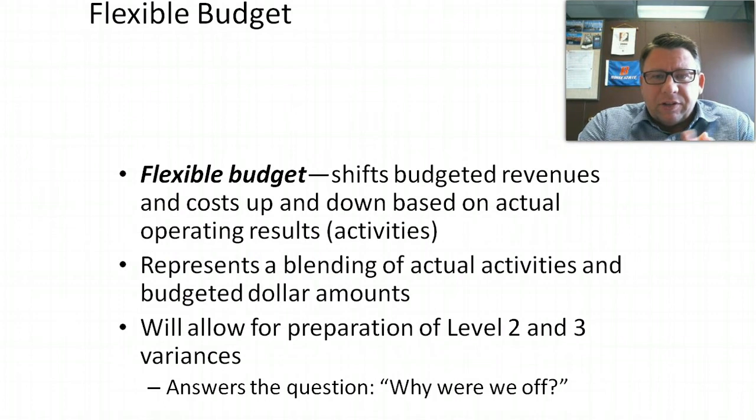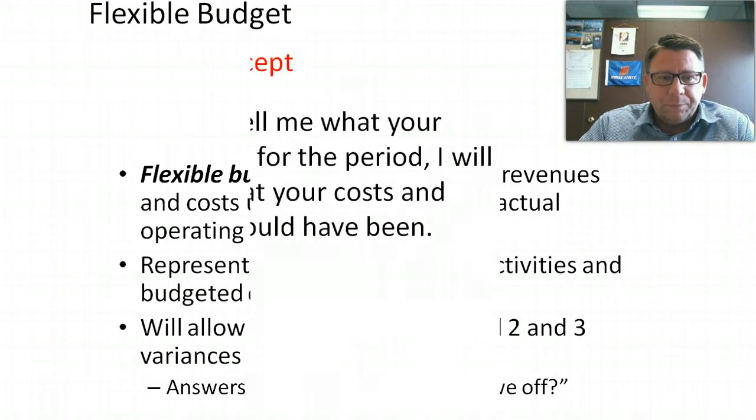So flexible budgets, what we do with a flexible budget is shift our budgeted revenues and costs up or down based on what our actual operating results were. So the idea is, our flexible budget would represent what our static budget would have been if we knew exactly the level of volume we were going to produce and sell.